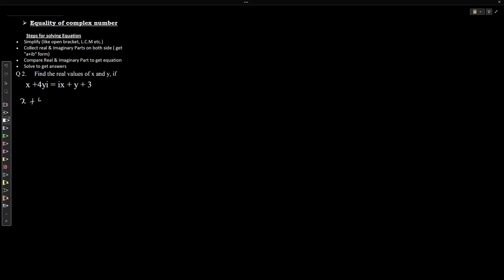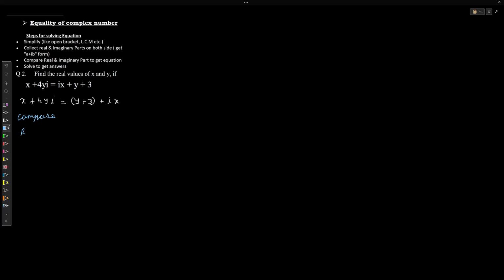But let's rewrite this as x plus 4yi and y plus 3 plus ix. Okay, so we get a plus ib, or we can say standard form of complex number, on both sides. Now your next step is to compare real as well as imaginary parts.